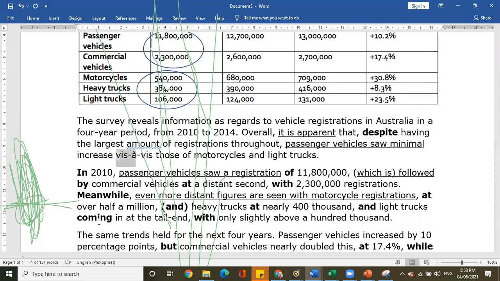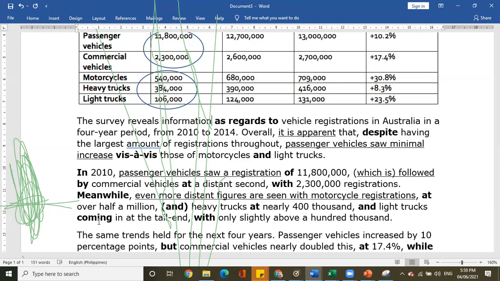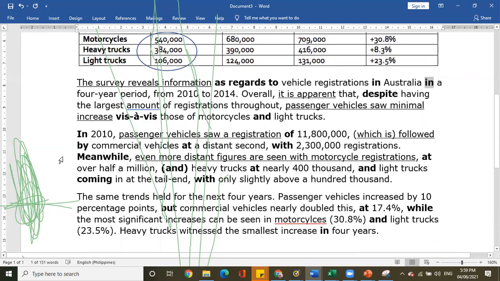And then this is your discourse marker, vis-a-vis those of motorcycles and light trucks. Okay. This is also a discourse marker, as regards to there. So this is your SVO here. And then discourse marker, a mix. It's a mix, right, guys? Simple, complex, compound. There. That's your essay.